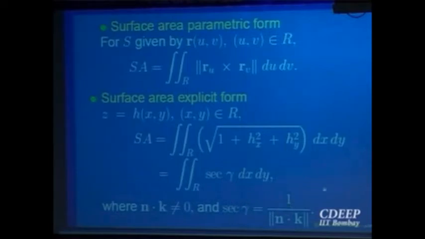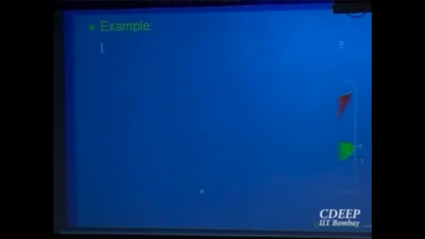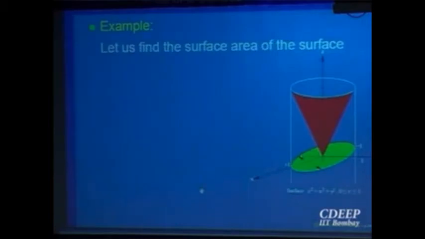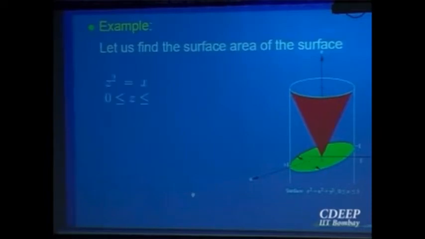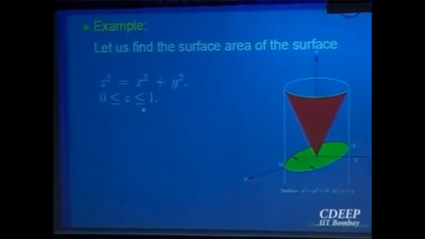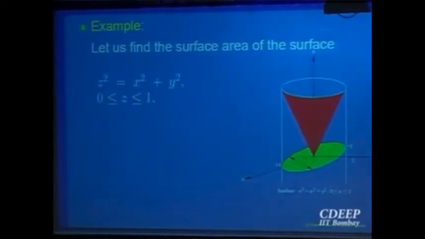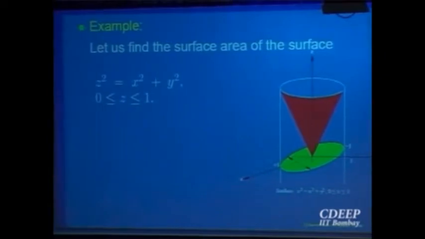So this is all we had done, and I think we were looking at that one example, where we want to find the surface area of the cone between z equal to 0 and 1. We can write it explicitly, since z is between 0 and 1, as z equal to the square root of x squared plus y squared.